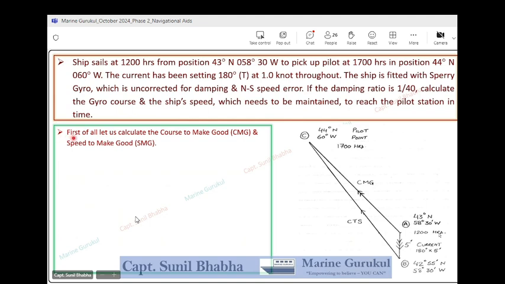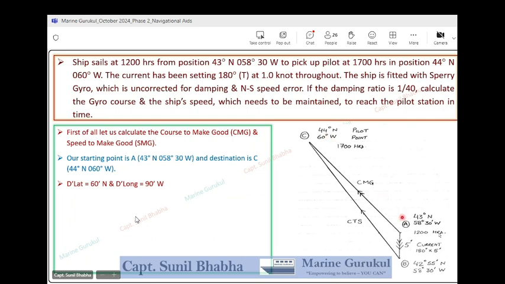So moving further, first of all, let us calculate the course to be made good, CMG, represented by Alpha to Charlie vector, and also what is the speed to be made good. So our starting position is A, which is 43 degrees north, 058 degrees 30 minutes west, and the destination is position C, Charlie, which is 44 degrees north and 060 degrees west.